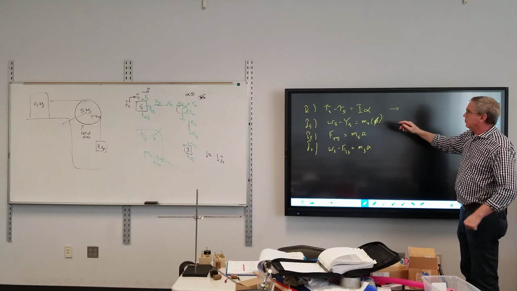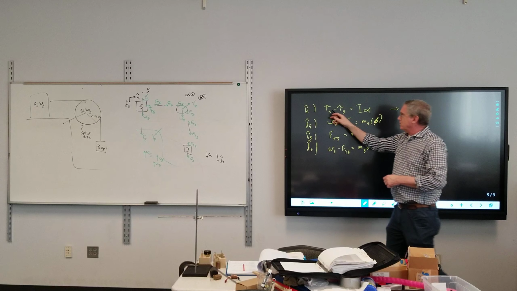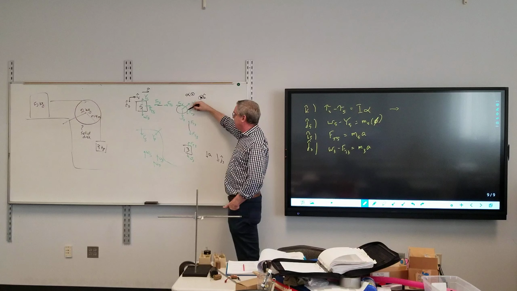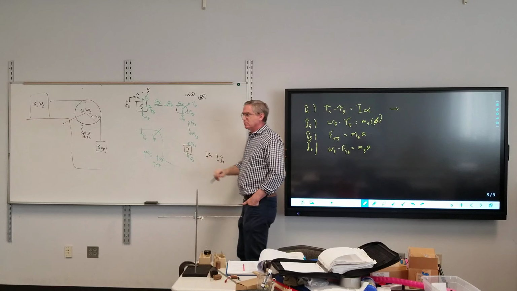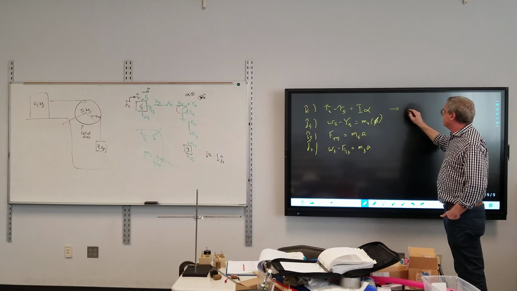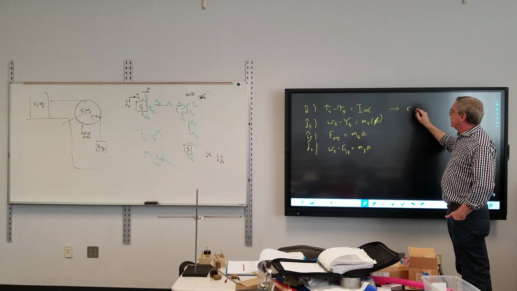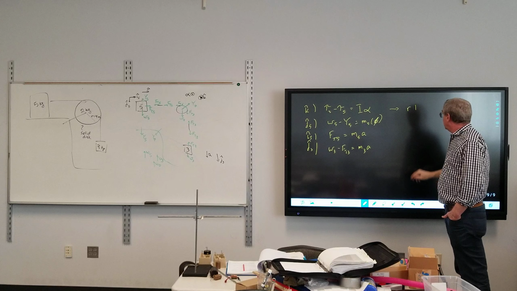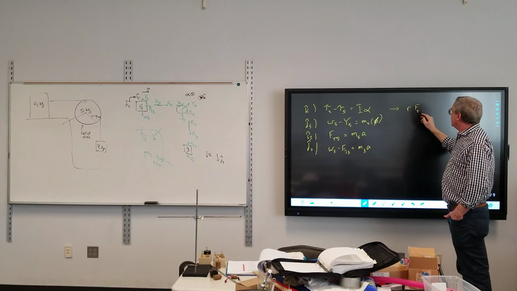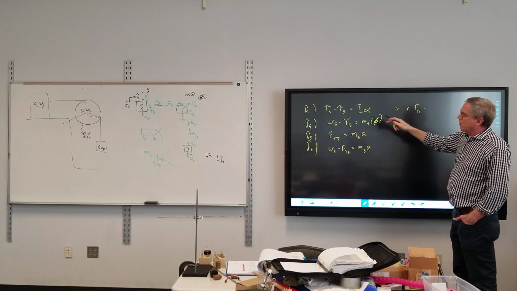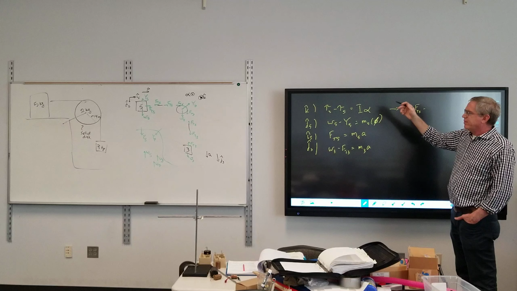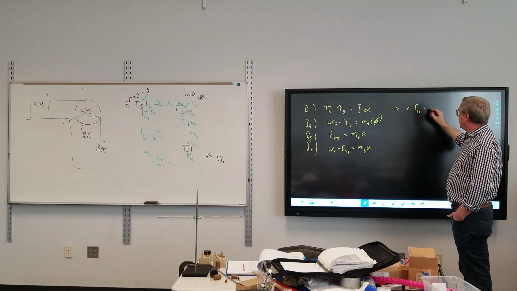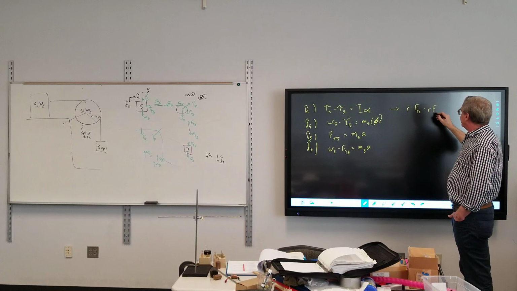All right, so this is the radius, this is R cross F of this force right here. R is the radius of the pulley. So this would be radius of pulley times FT3. For torque 5, that's coming from a force acting the distance R away from the axis of rotation. So minus R FT5.